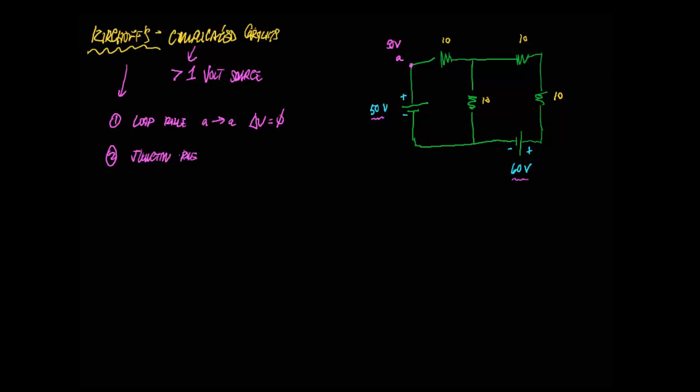The second one is the junction rule. It says anytime I come to a junction, like here at B, if the currents I1 and I2 are going in and I3 goes out, I would write a junction rule that I1 plus I2 has to equal I3. It's sort of a conservation idea, that the currents in equal the currents out. Alright, so how do we solve these?